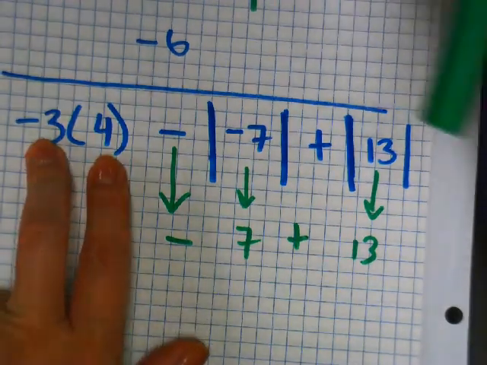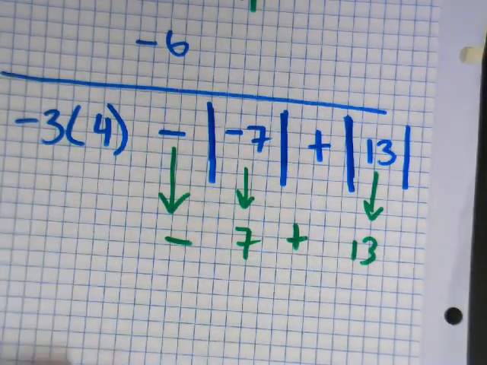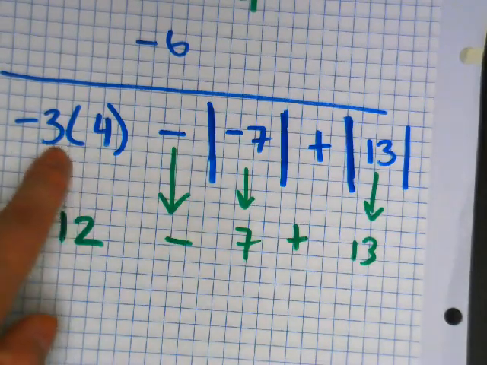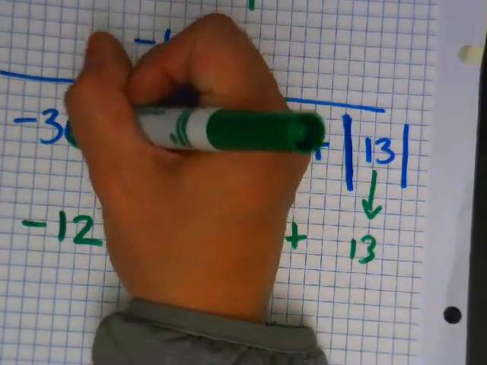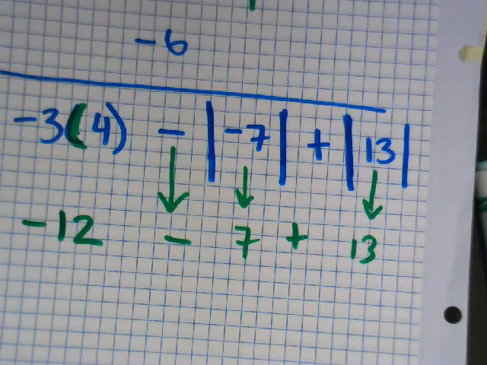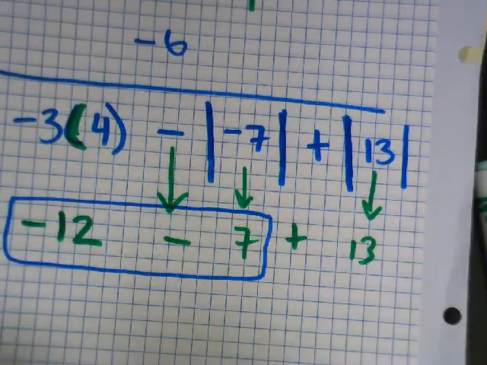Let's do this math. What's -3 times 4? -12. Because this means multiplication, right? They're parentheses. All right, now what? Subtract. Keep, change, opposite. Very good. So let's do keep, change, opposite with this. So do keep, change, opposite with that.